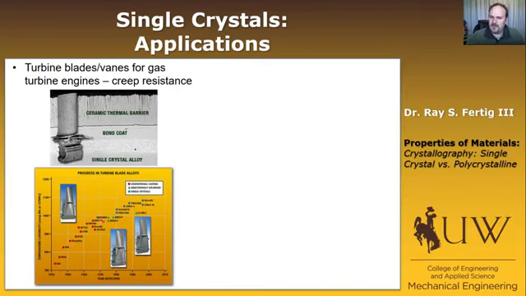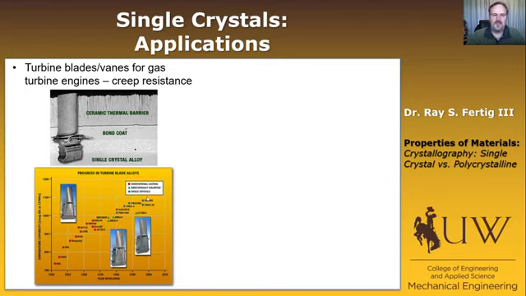These red squares are just conventional casting blades. Then we moved to the green, which were directionally solidified. But then these blue points are single crystal blades, which you can see we've been making since the 1980s. They give us a significant temperature enhancement over non-single crystal blades, purely as driven by creep.